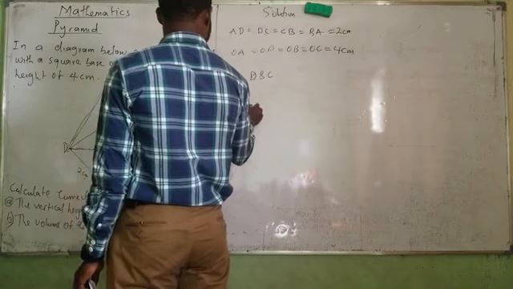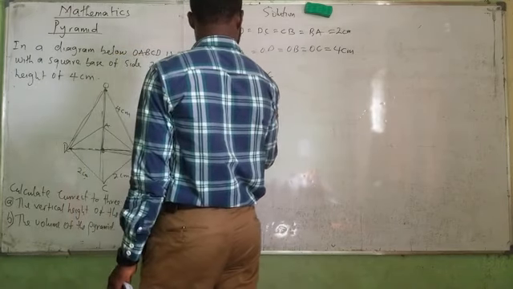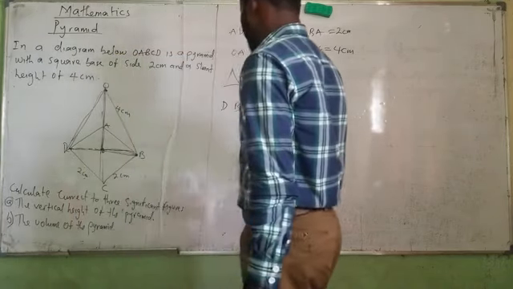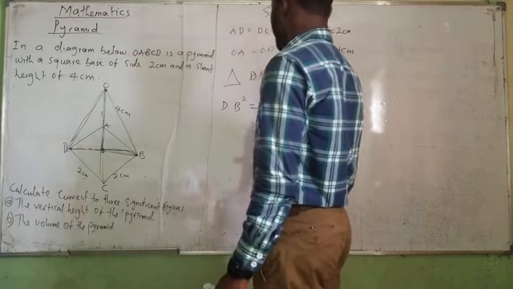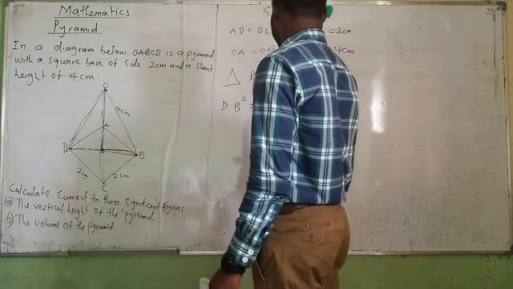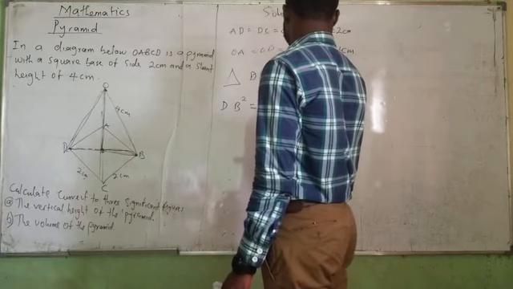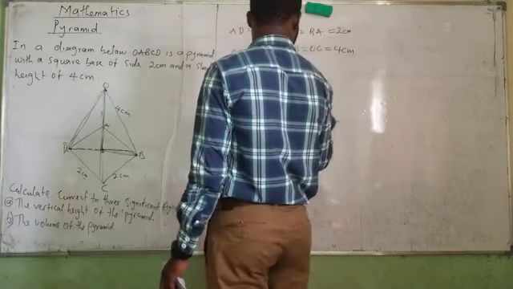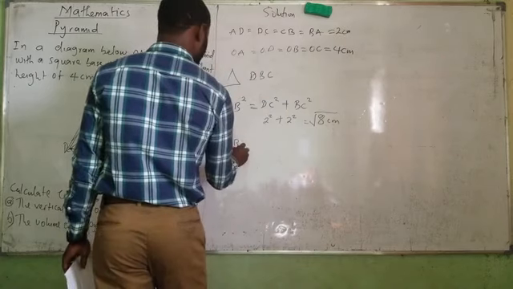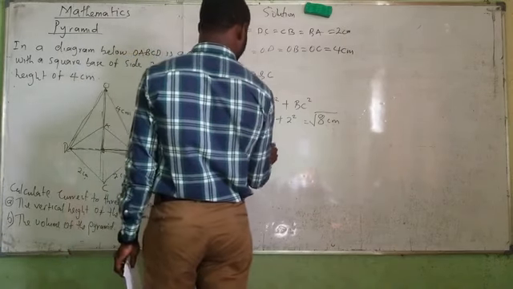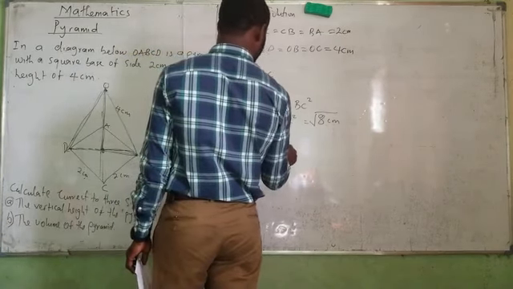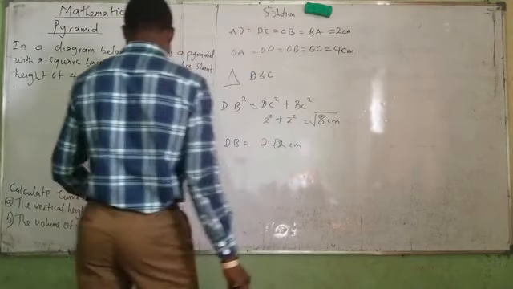DB squared will be equal to DC squared plus BC squared, which is 2 squared plus 2 squared, which equals 8. Now, root of 8 means my DB will be equal to 2 root 2 centimeter. That is what it means.